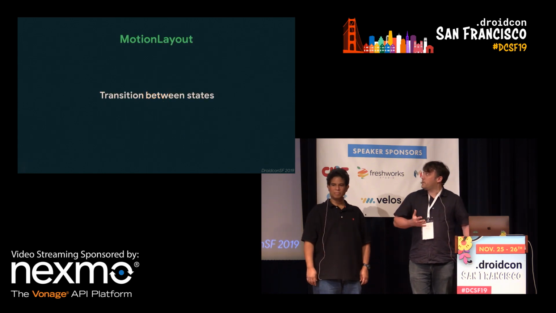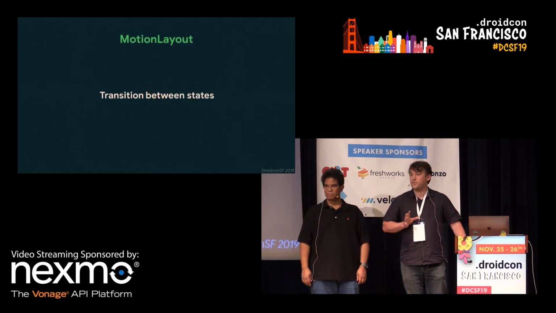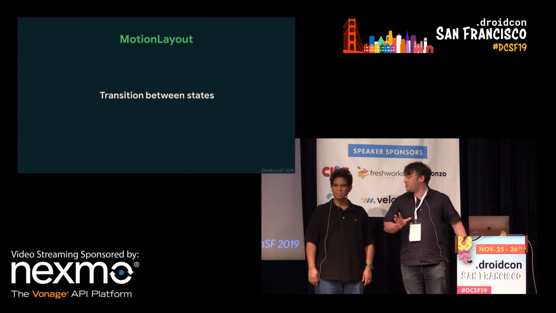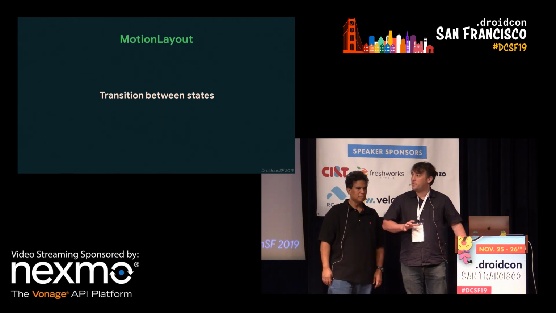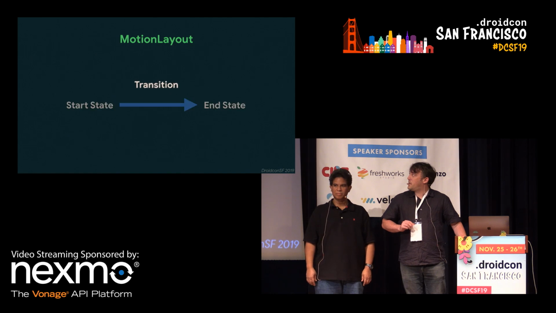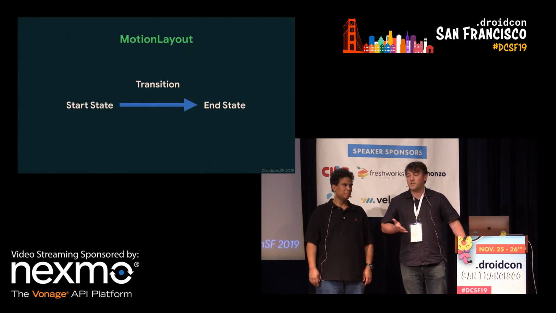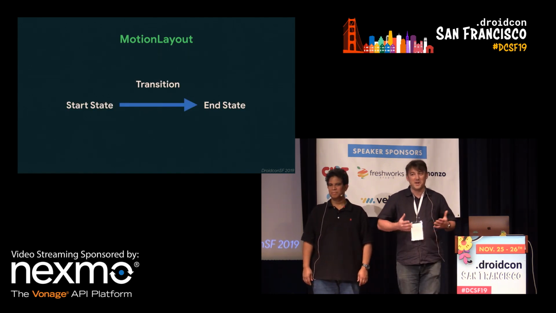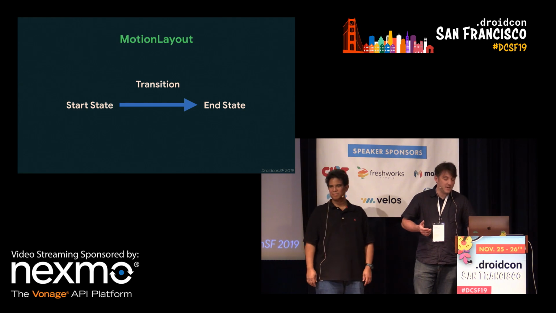As I said, the bulk of the complexity, or the bulk of the power, of motion layout is how we transition between those states. We have to start with at least two states: a start state and an end state.